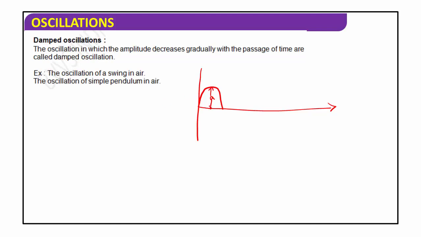This is called amplitude. Here this is the mean position and this is the extreme position. The maximum displacement of the particle from its mean position is called amplitude. The oscillation in which the amplitude decreases gradually with the passing of time.